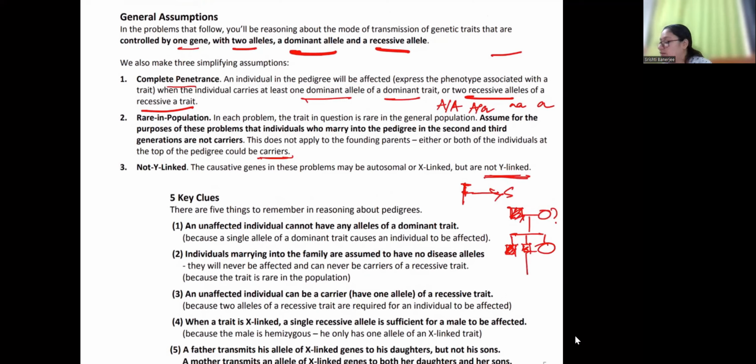Again, he marries someone, and again the son is affected. That gives us an idea that this could be father to son transmission, but generally it is not.